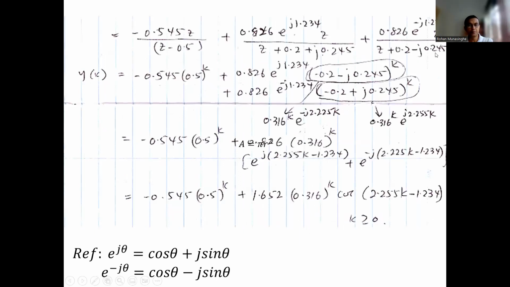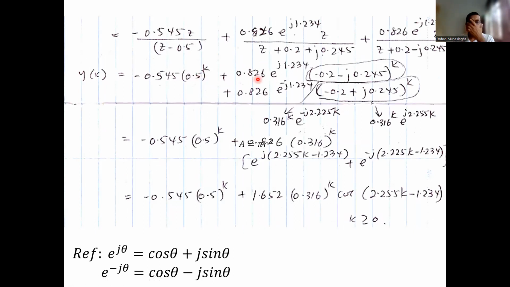And then it's time to inversely transform them to the time domain. If you look at the formats here, Z over Z minus a constant, the inverse is the constant raised to the power of k, like over here, 0.5 to the power k.